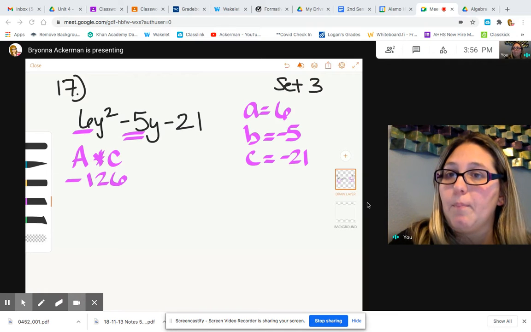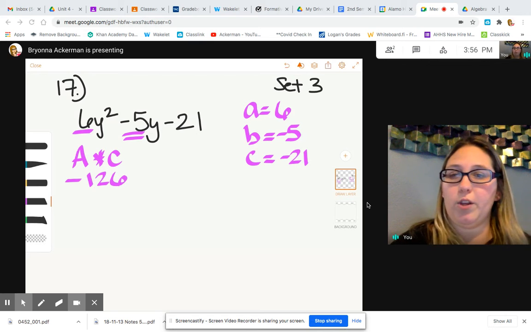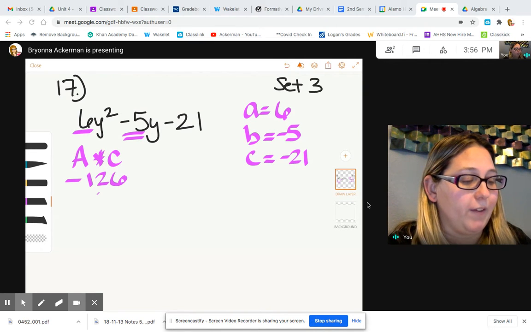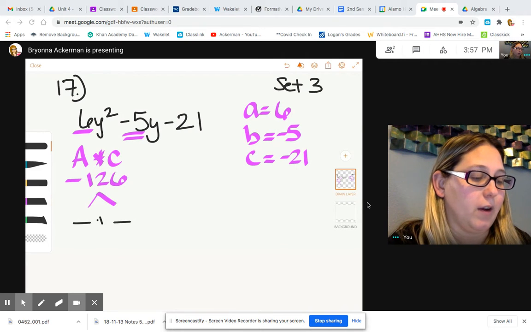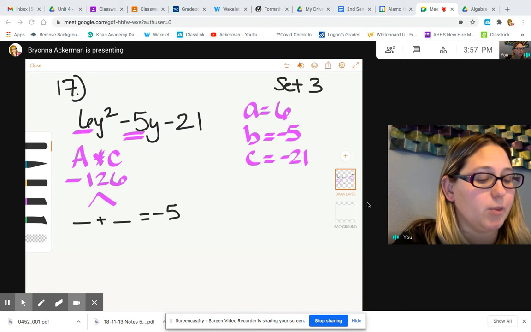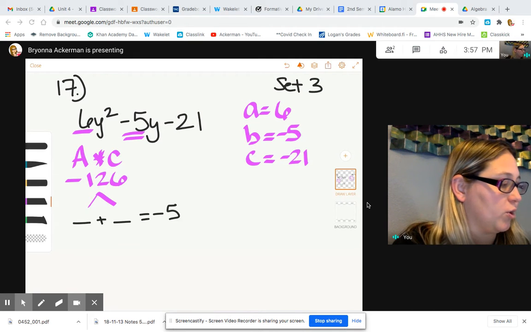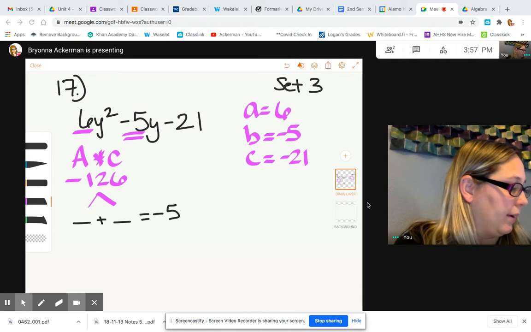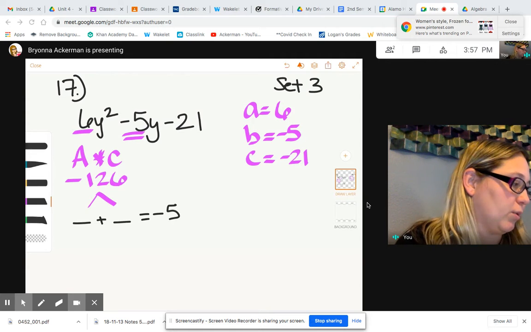Now there's going to be a lot of factors for -126, and you could start listing them. But you need to make sure that when you add the two factors together, you get B. So when I add the two factors together, I should get -5. Let's think about different factors. We can do -126 divided by 3, but that's really big: you get 42 times 3.